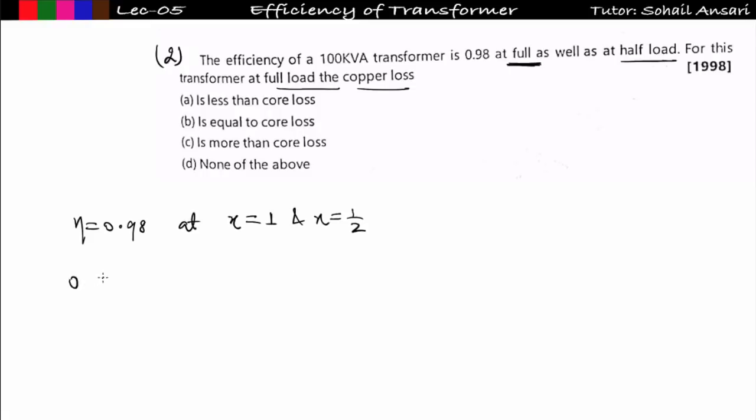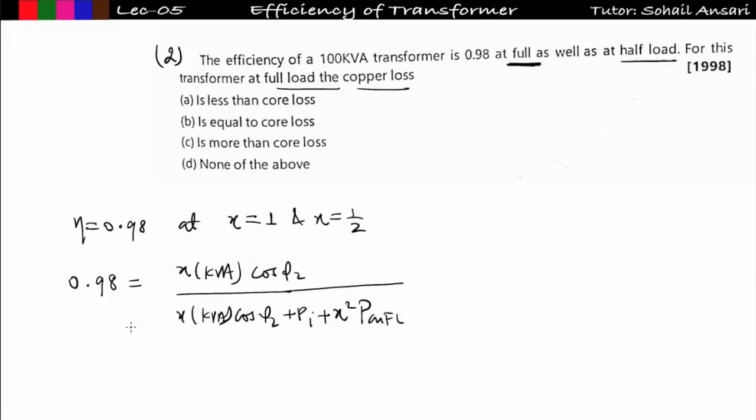See, I can write the efficiency 0.98 as x times kVA into cos phi 2 over x times kVA cos phi 2 plus Pi plus x square PCU full load, and efficiency is given as 0.98. Put the value of x equal to 1. kVA rating is already given, that is 100.